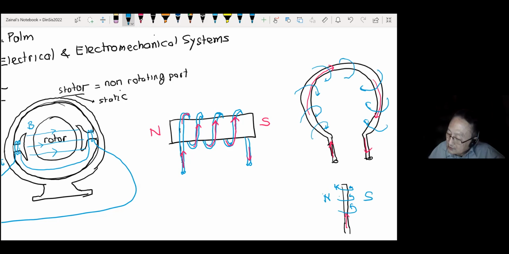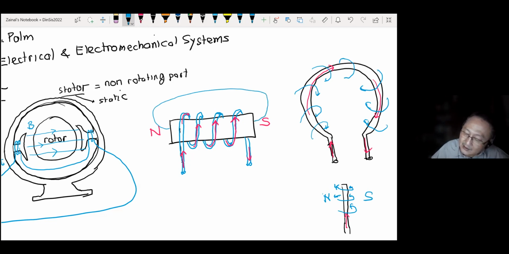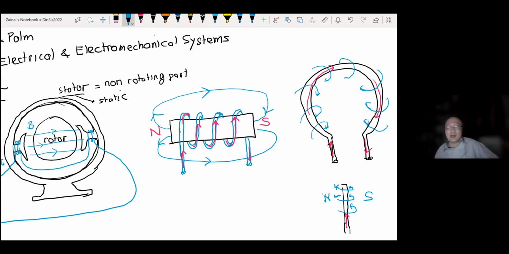So this one becomes south, while this one becomes north, because the magnetic flux is coming out of this one and goes there. So this one becomes north and that one becomes south.